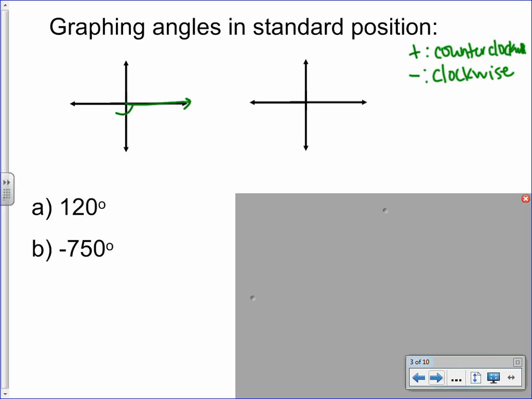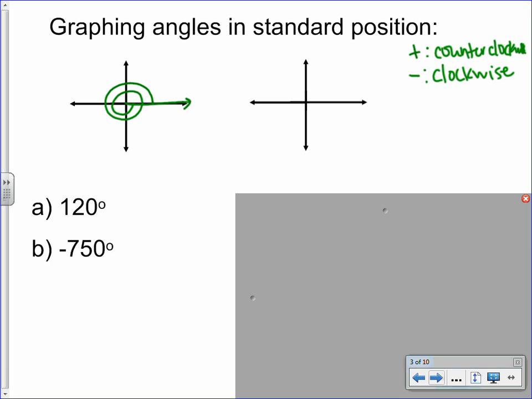One time around would be, okay, there's negative 360. Then what? Another one. Another time around would be how much? 720. So how much more do I need to rotate?